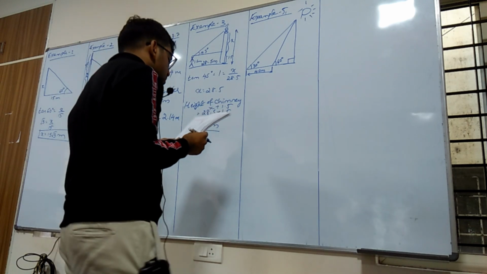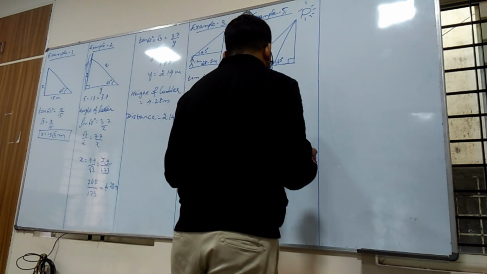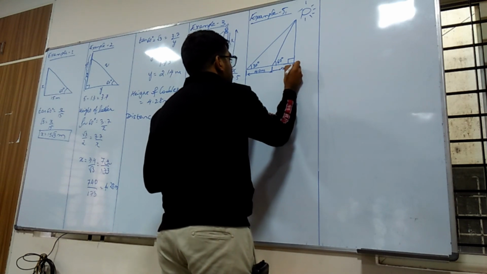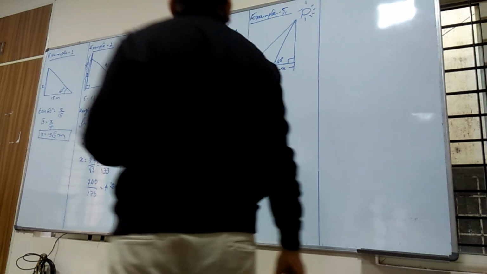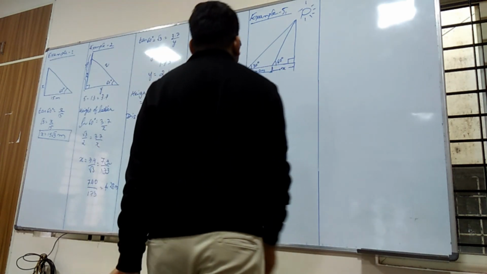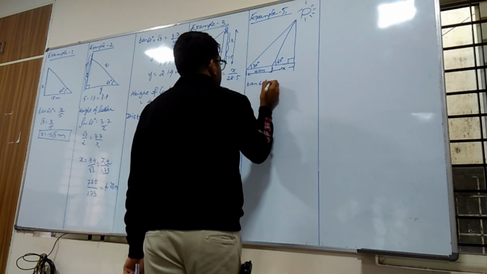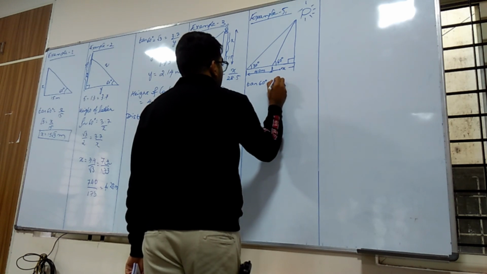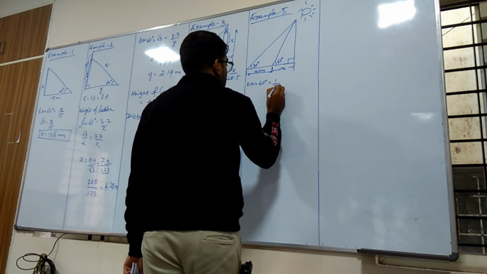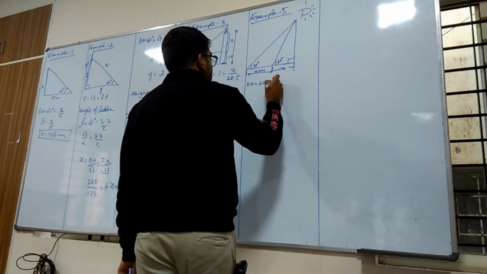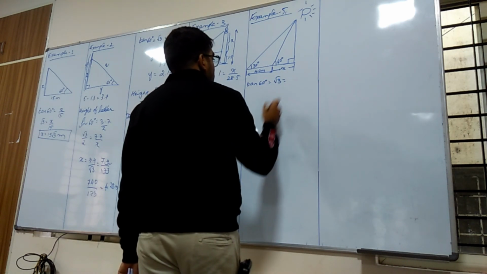First, let us consider this part as x. Now use tan ratios for both. Tan 60 degree is equal to root 3. Sir, why do you use x?